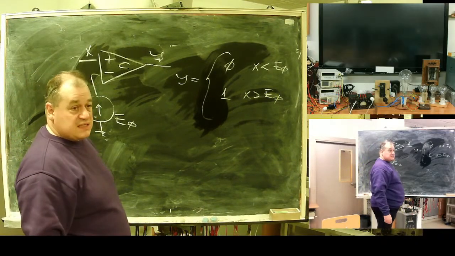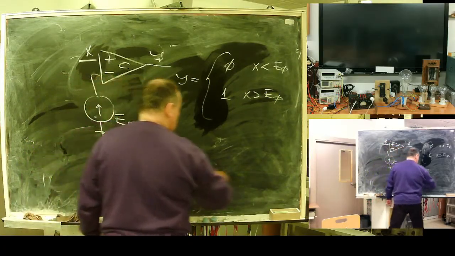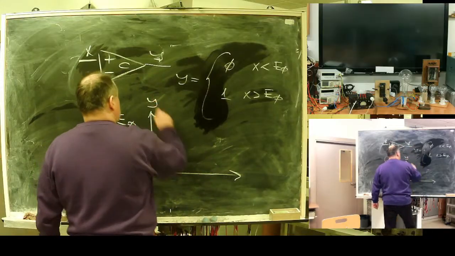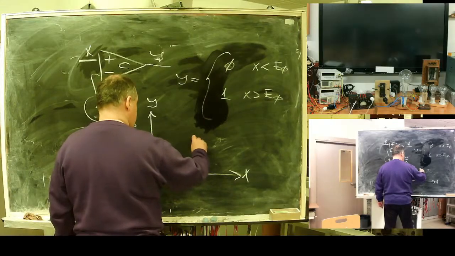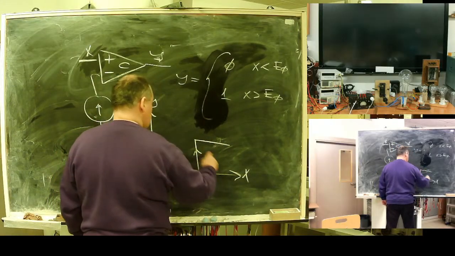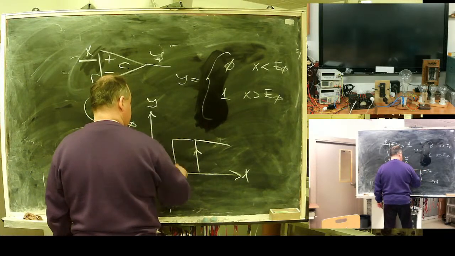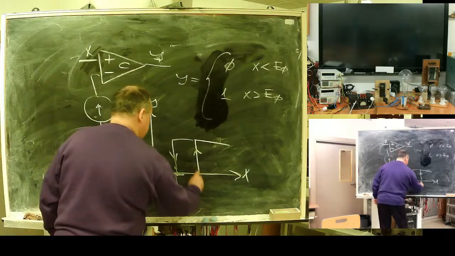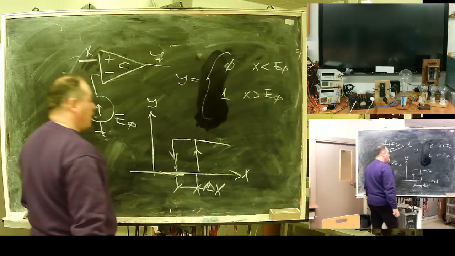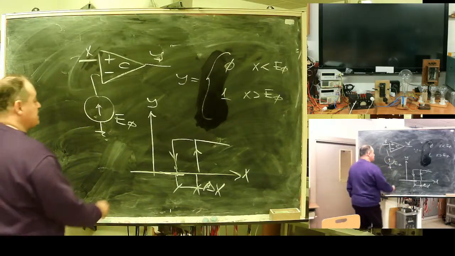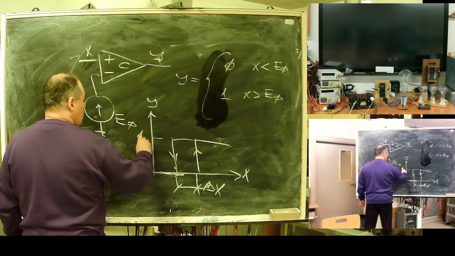Real comparators do have hysteresis, up and down, delta X. Why is it needed?